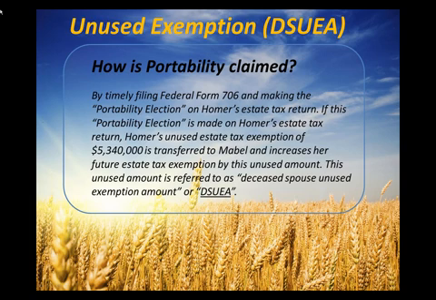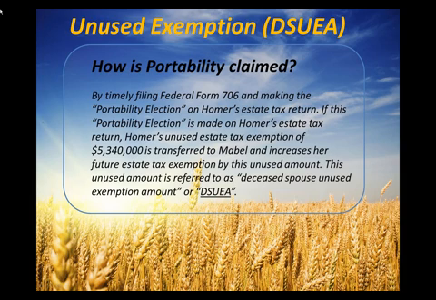How is portability claimed? You claim it by filing a federal Form 706 and making the portability election on Homer's estate tax return. The Form 706 is the U.S. estate tax return. If this portability election is made on Homer's estate tax return, his unused exemption of $5,340,000 is transferred to Mabel and increases her future estate tax exemption by this unused amount.